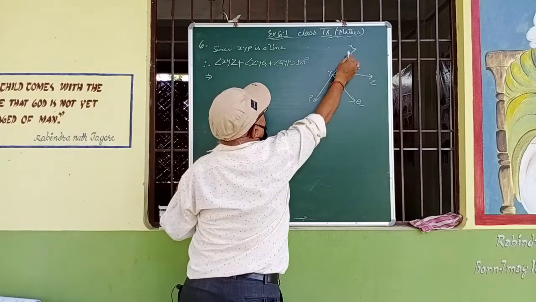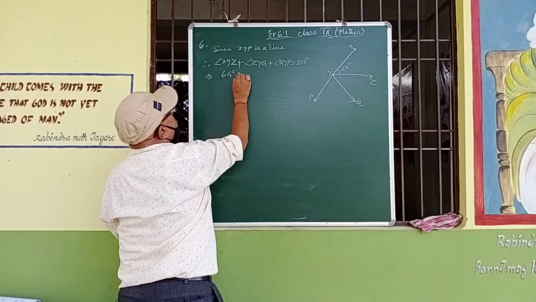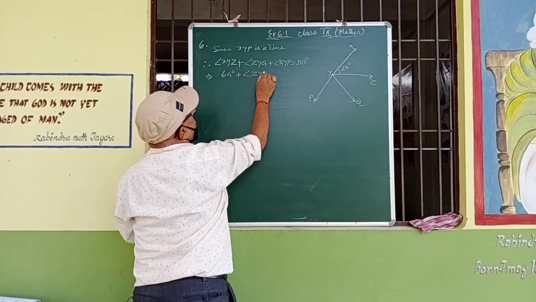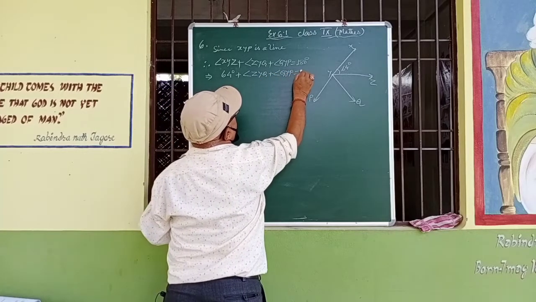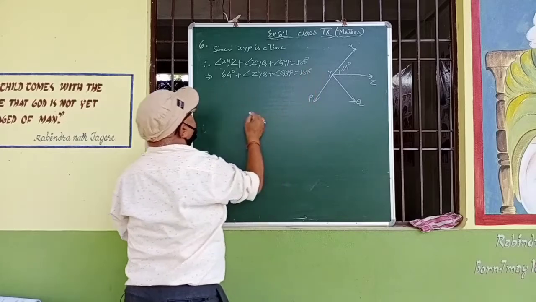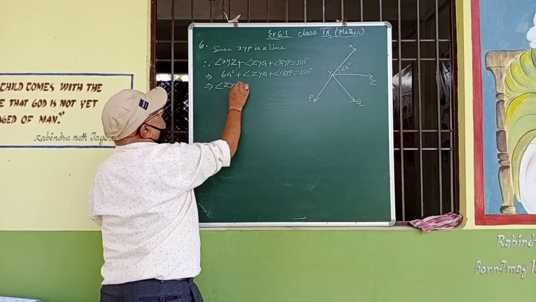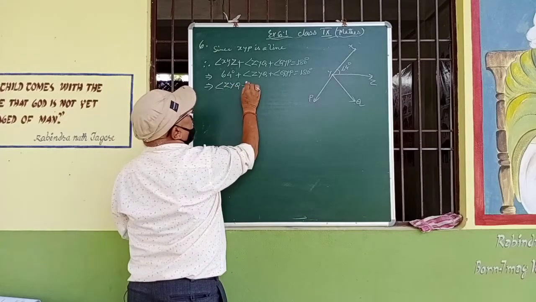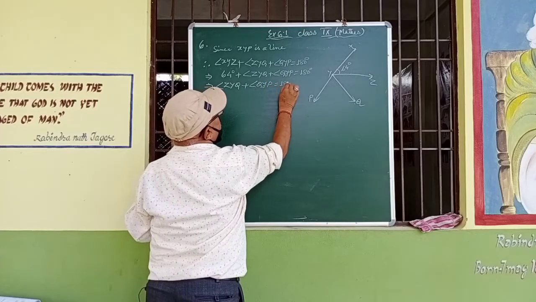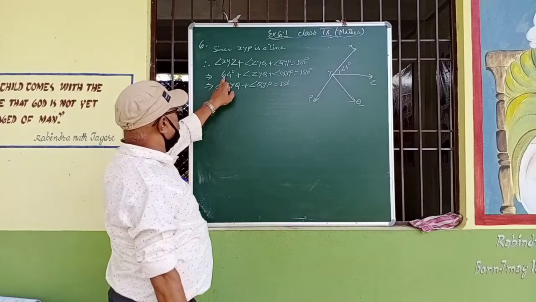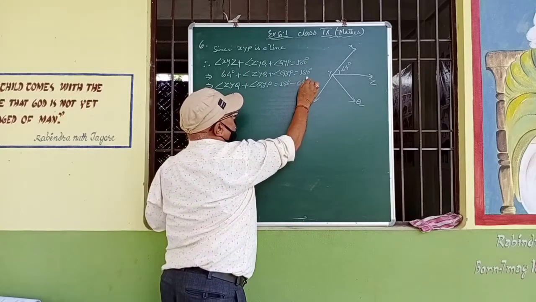We are given XYZ 64 degree. ZYQ plus QYP is equal to 180 degree, or ZYQ plus QYP is equal to 180 degree minus 64 degree, you take this that side.